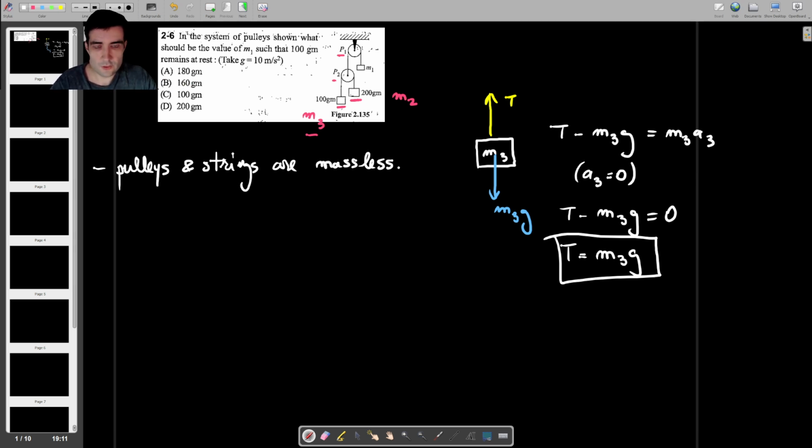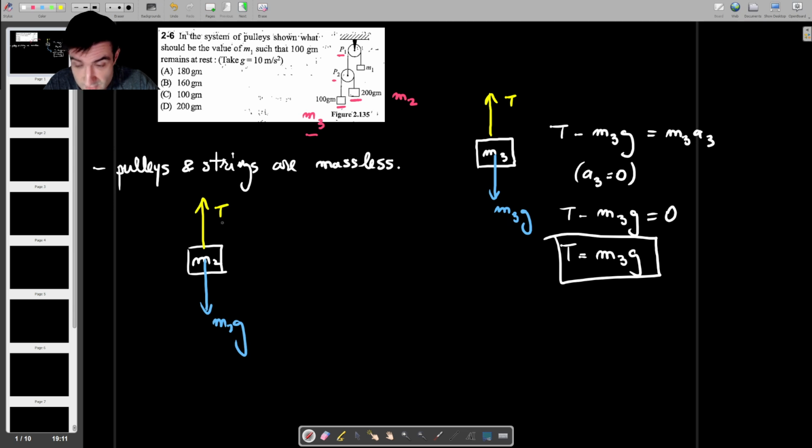So what I'll do now is do the same free body diagram, but for M2. So let's see what happens to M2. This is my M2, and I'm just going to draw M2G and the tension. Now this tension, remember, is the same tension as the one acting on M3, which we found is equal to M3G.